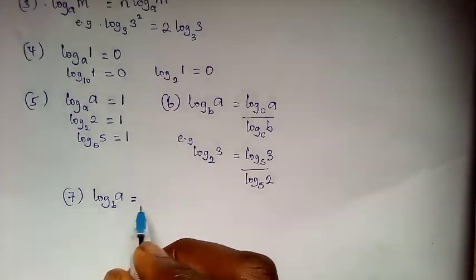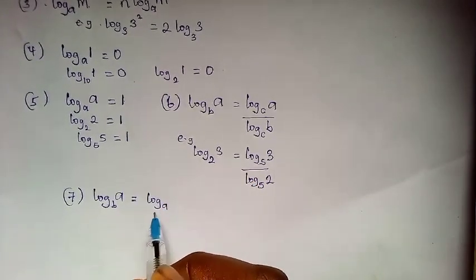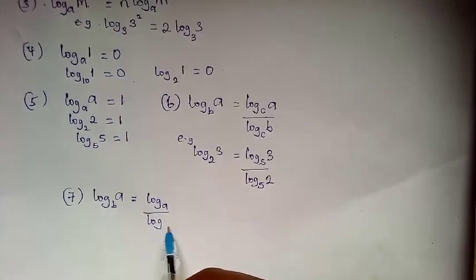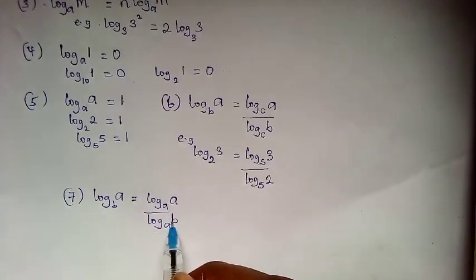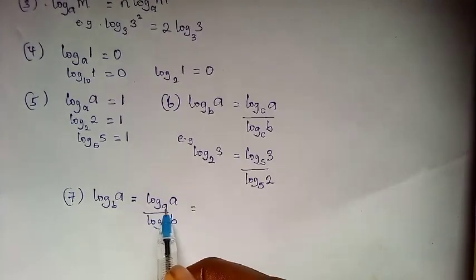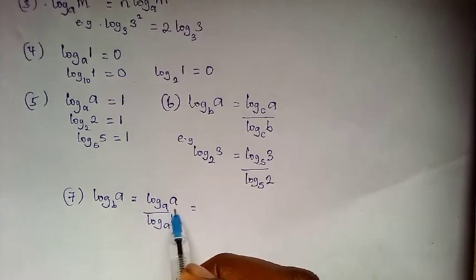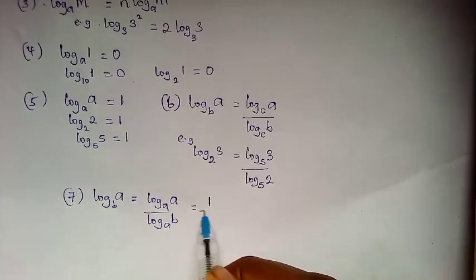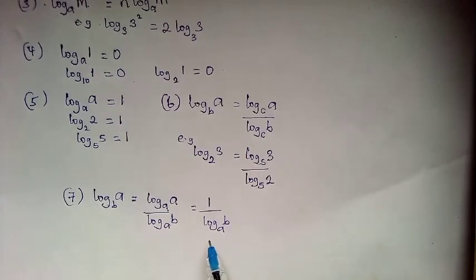Just like what we did here, it's going to be log to base a over log to base a, with a as the numerator and b as the denominator. And if you remember the unit law, the logarithm of a number to its same base is 1, so this is going to be 1 over log of b to base a.